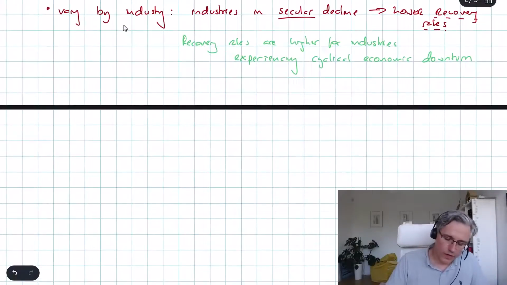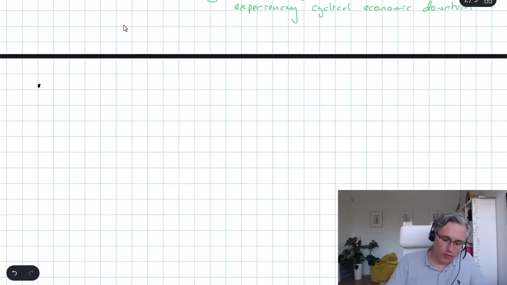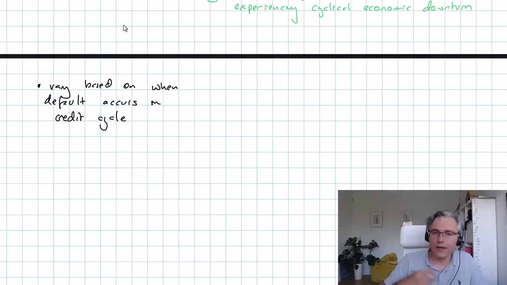And another point, recovery rates also vary based on when default or bankruptcy occurs in the credit cycle, which is pretty much linked to the general economic cycle.